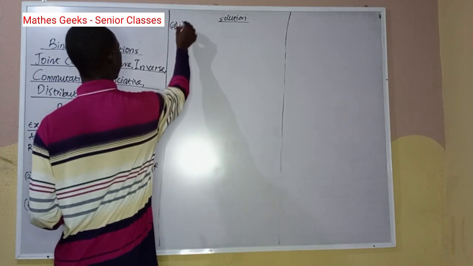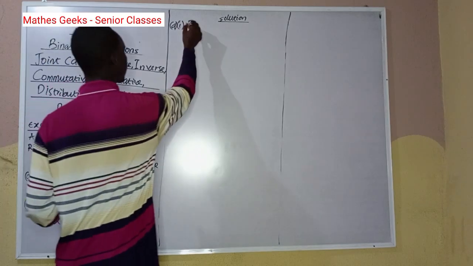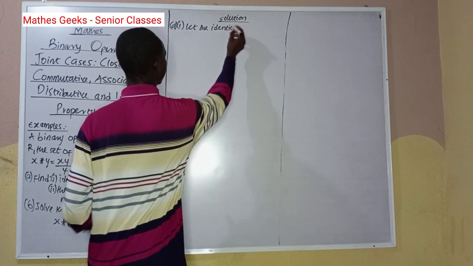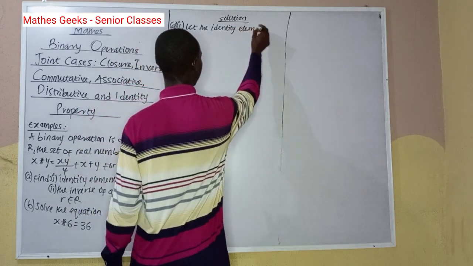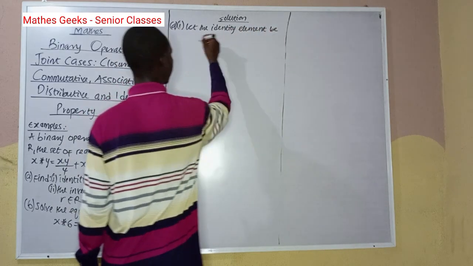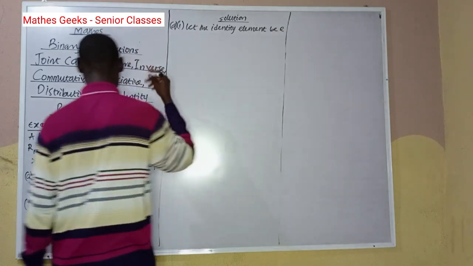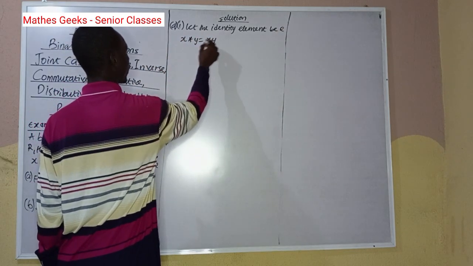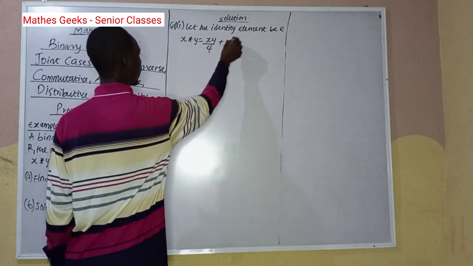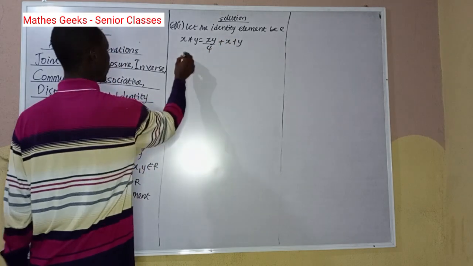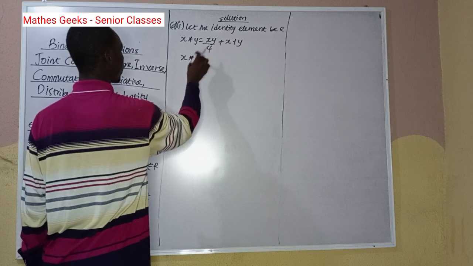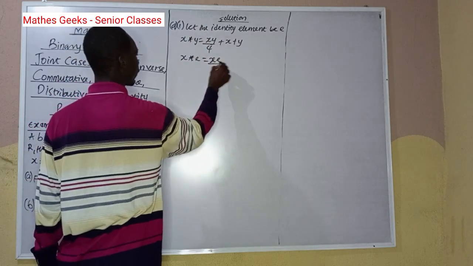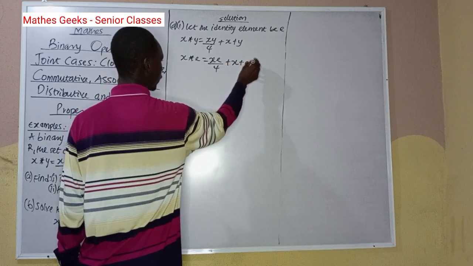So let the identity element be E. So if x star y is equal to xy over 4 plus x plus y, then x operation E, which is the identity element replacing y, equals x e over 4 plus x plus e.